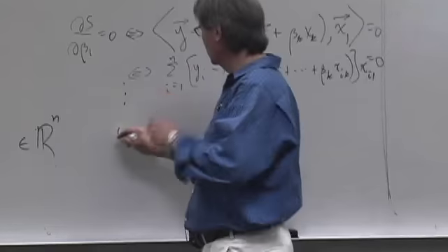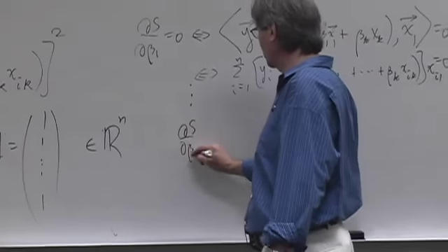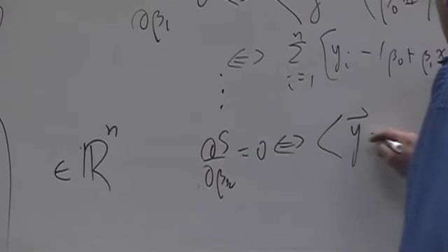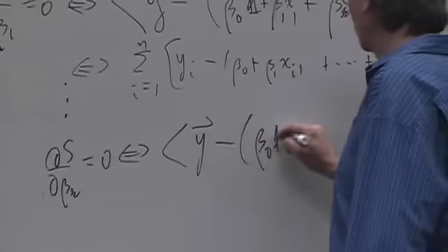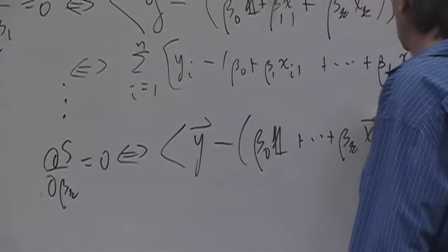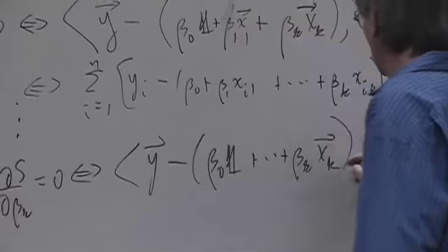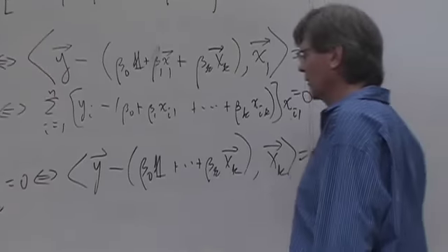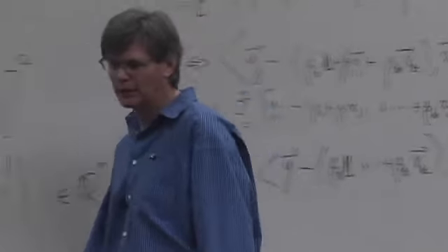So finally I get partial with respect to beta k equal to 0 if and only if the error vector, y minus beta 0 times 1 plus and so on plus beta k xk, inner product with xk is equal to 0. Okay. So you get those.